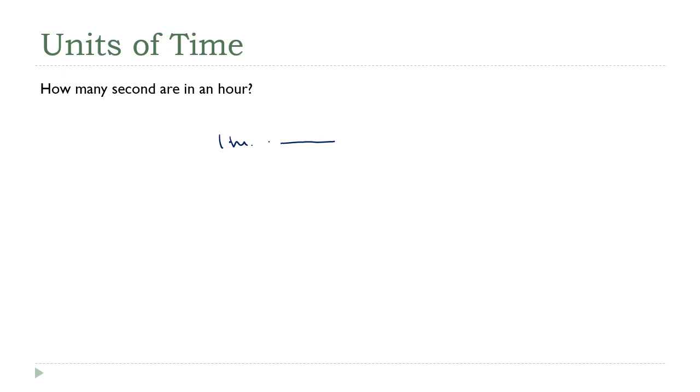First, I'm going to take this to minutes, and there's 60 minutes in 1 hour. Then I'm going to take it to seconds. There's 60 seconds in 1 minute. The minutes cancel, the hours cancel. All that's left is seconds. Good, that's what I wanted. And 60 times 60, that's 3,600. So there's 3,600 seconds in 1 hour.